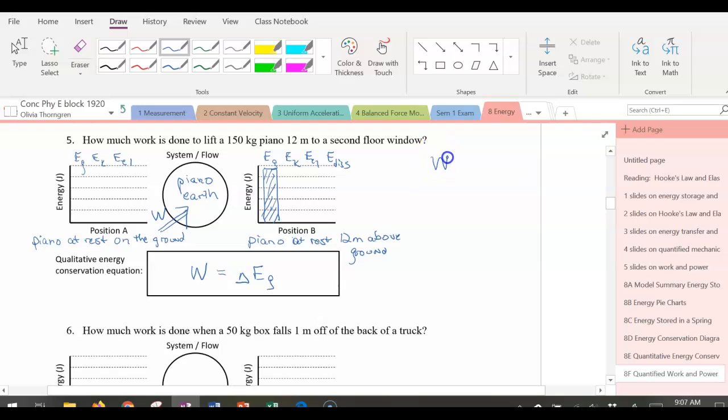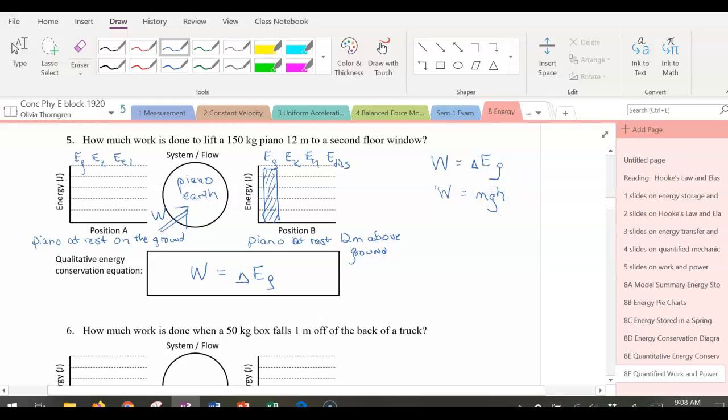So I'm just going to write that conservation equation over here again. Now, they did not give me the force that was applied or how far the force was applied to the piano, so I can't calculate work by the F delta X formula. But the work equals the change in the gravitational energy, and I definitely can calculate that.